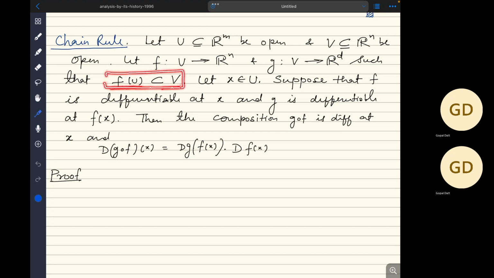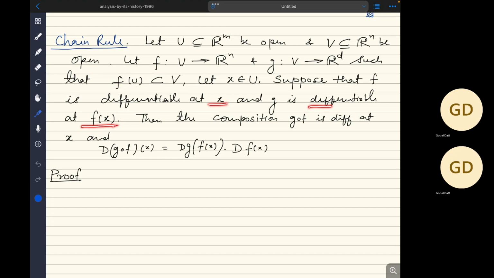यह condition के बिना हम composition function और composite function define नहीं कर सकते. Without this condition we cannot define composite function or composition. Let x be any point in U. Assume that f is differentiable at x and g is differentiable at point f(x).